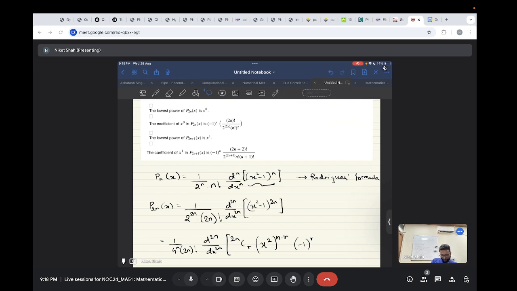And what I'll do is this is summation from r equal to 0 to 2n.